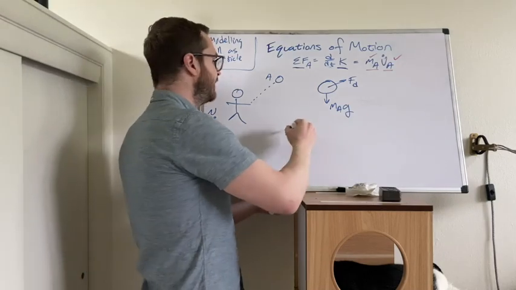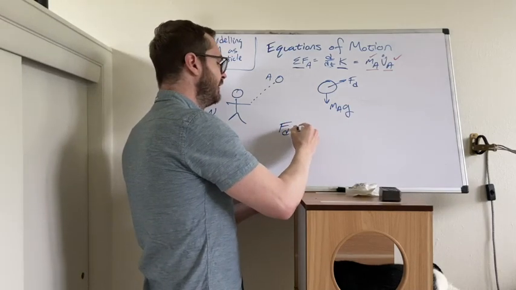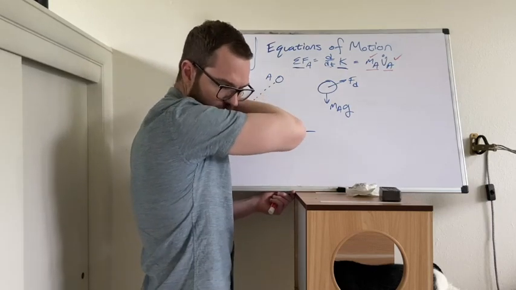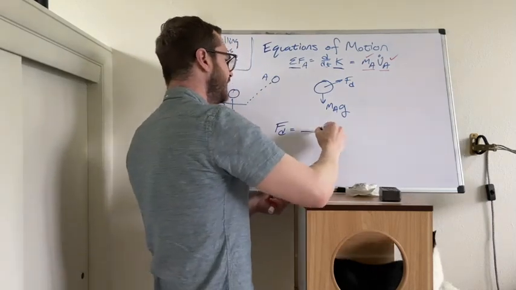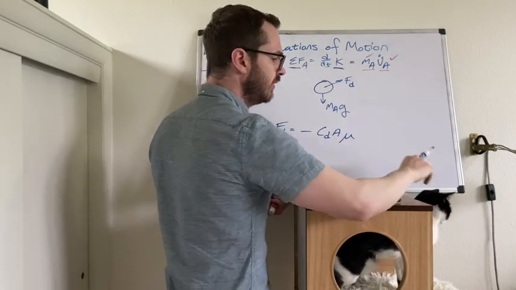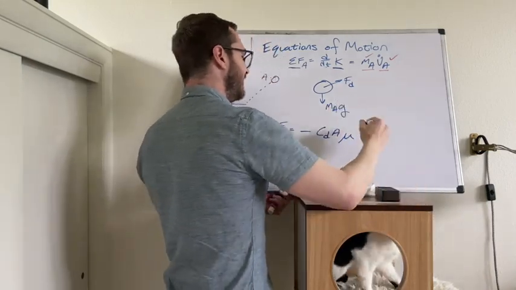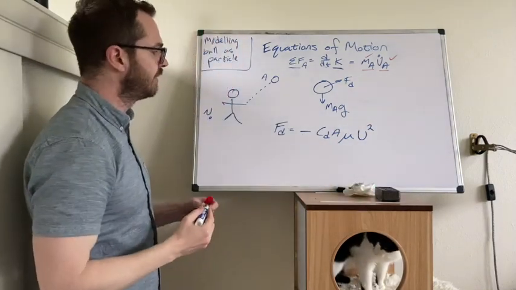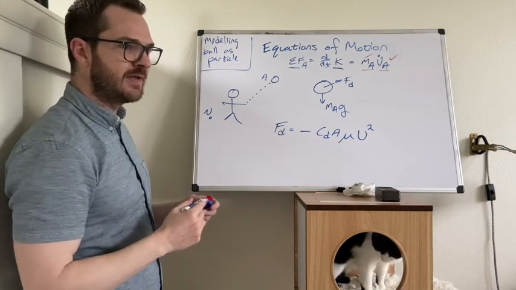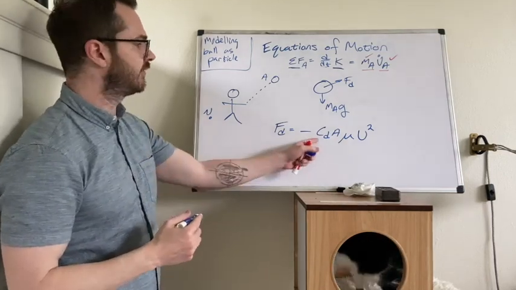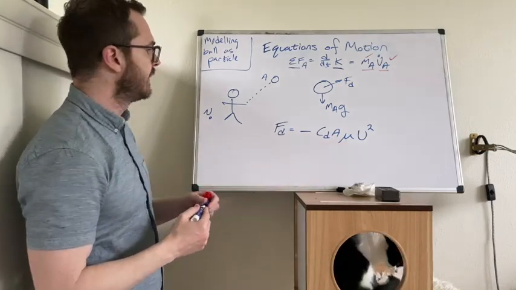Let's use this definition. Let's say that FD equals negative CD A mu A, and then U squared. If you go back and look at that video, you'll see I talk a bit about how to implement this and also what each of these terms are.